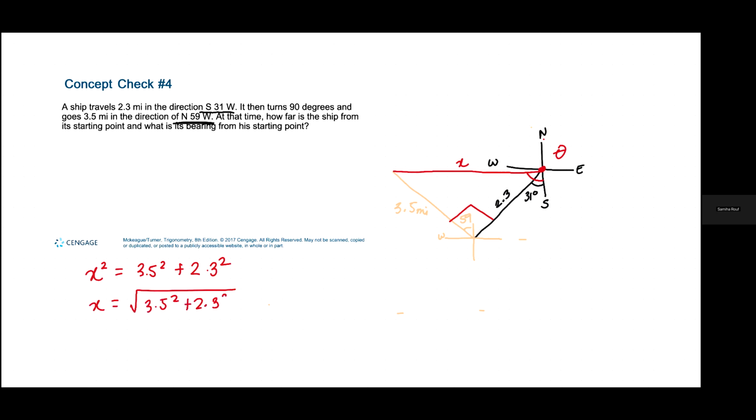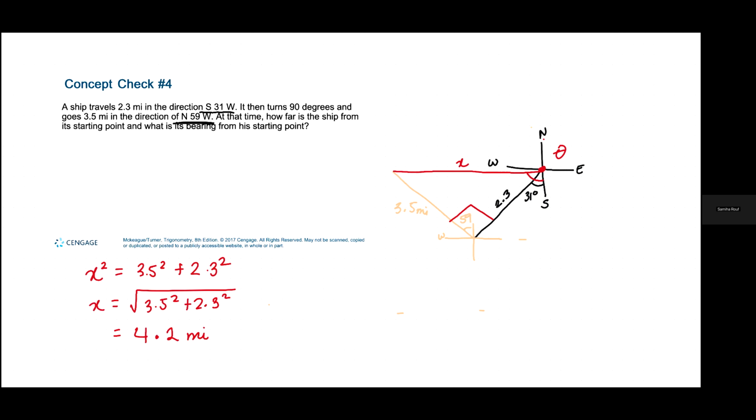Okay, and what does this give us? 3.5 squared plus 2.3 squared, and then take the square root. So x is about 4.2 miles. Yeah, that's how far we're from the starting point.